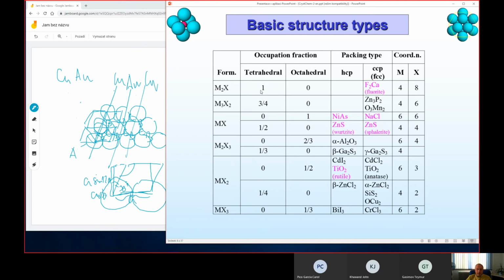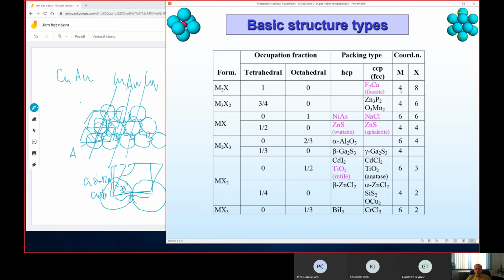So if all tetrahedral sites are occupied, so we have the occupation number of 1, the resulting stoichiometry is 2:1, because there is twice as many atoms in tetrahedral sites compared to the atoms in close-packed array.